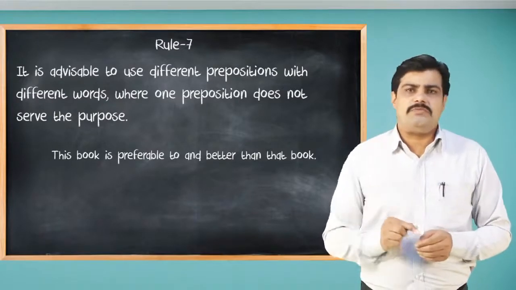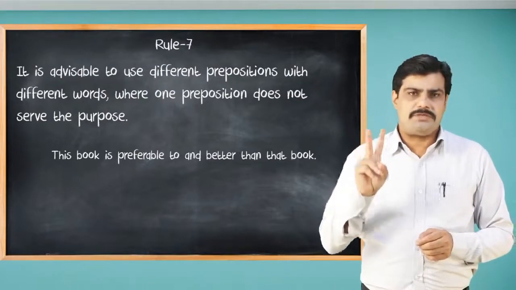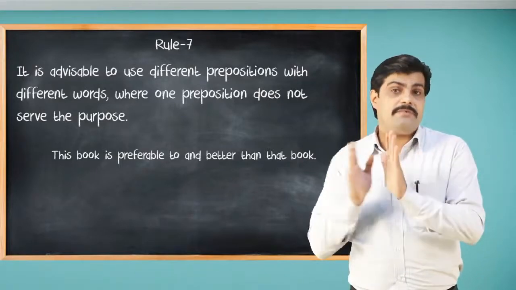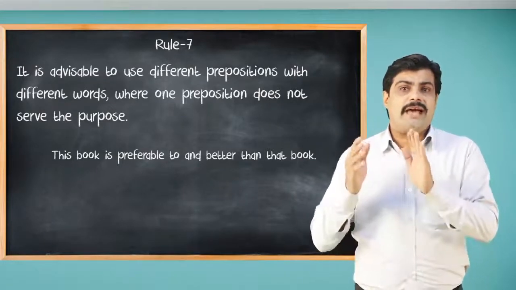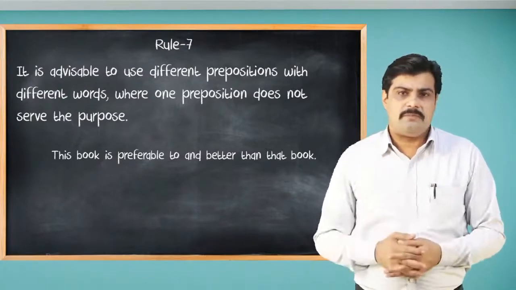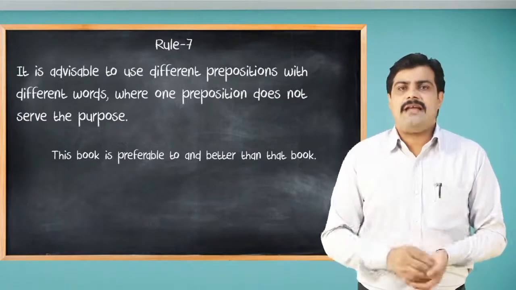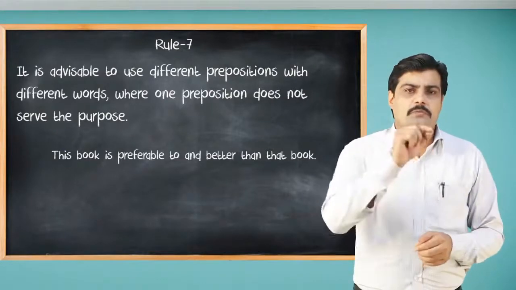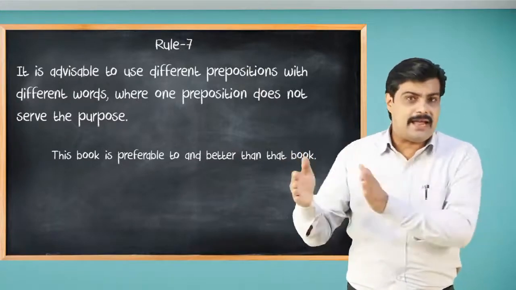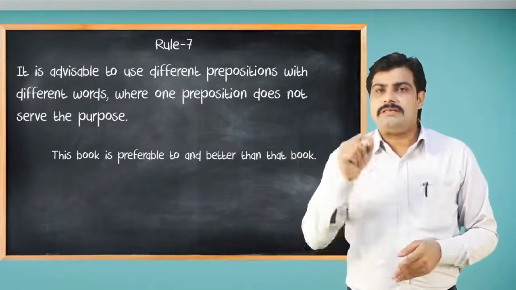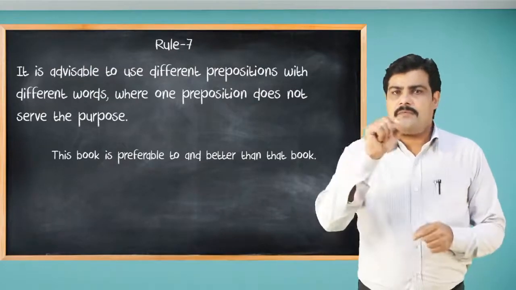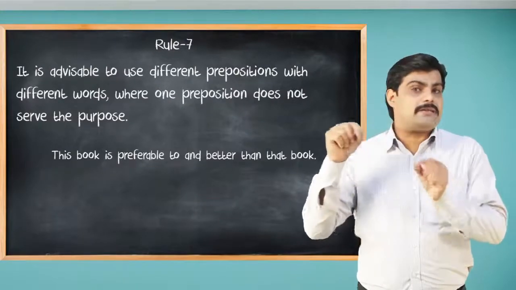Both these words require two different prepositions, so the preposition "than" is not sufficient to serve both the words. Hence the correction would be, this book is preferable to and better than that book. So in this sentence we have used two prepositions separately, preferable to and better than.